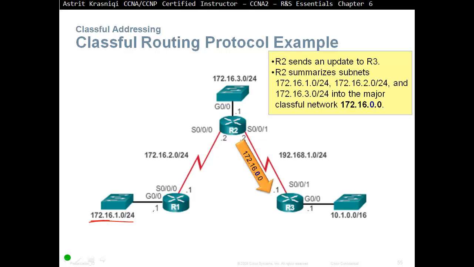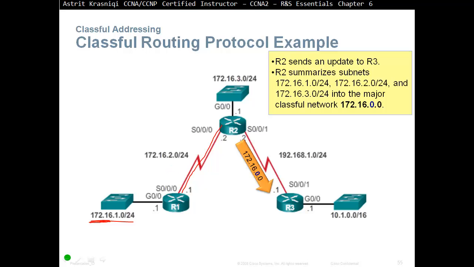Router 1 will advertise this. Will it advertise as just 172.16.0.0 or 172.16.10.0? If we advertise only as 172.16.0.0, when it sends it to router 2, router 2 is going to have that on its own network 172.16.0.0, so it's not going to accept it.